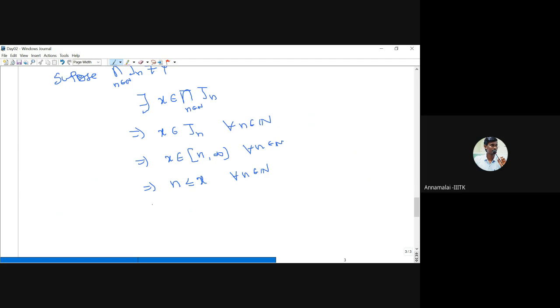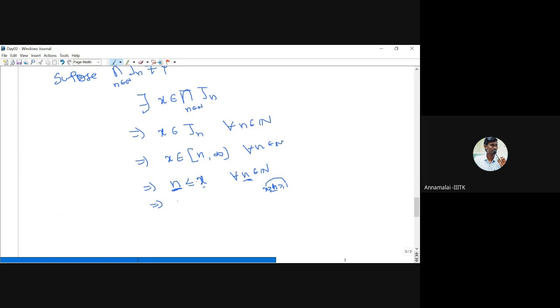Since n is a positive number, x is bigger than n. Natural numbers always start from 1, so x is bigger than or equal to 1. Therefore, it's a non-zero number.